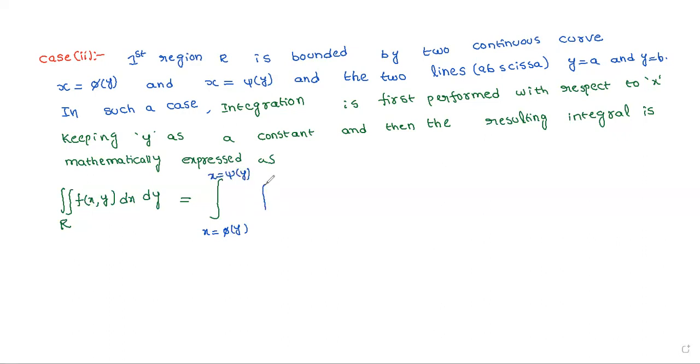So next, consider y equal to a and b. f of x comma y dx: first perform dx and next perform dy. So write it in different terms.